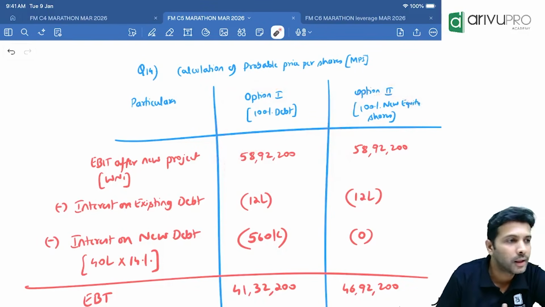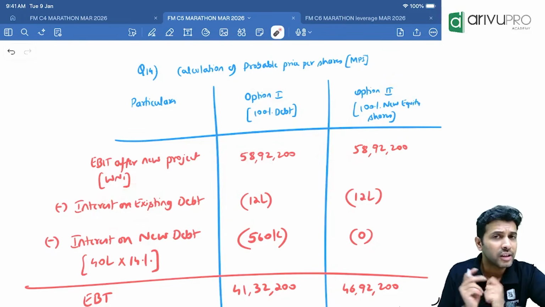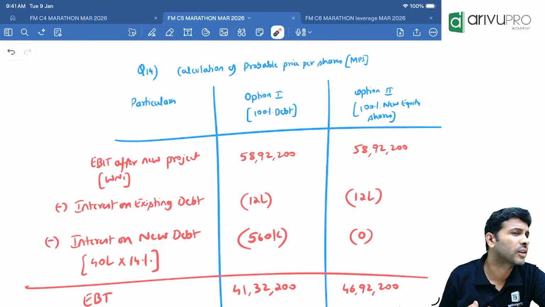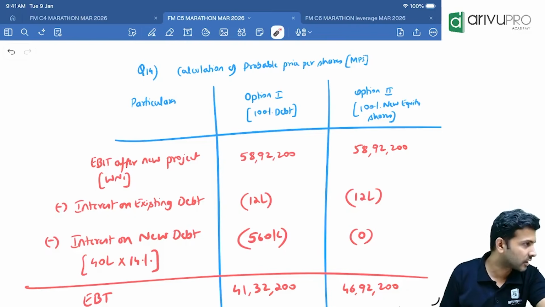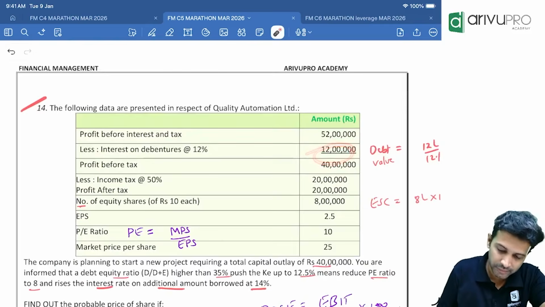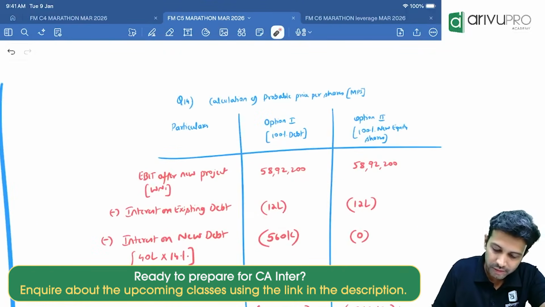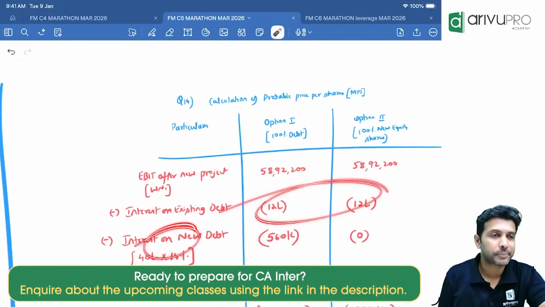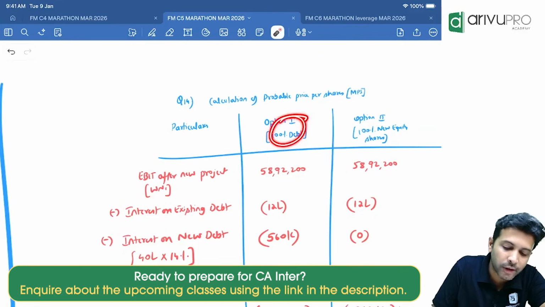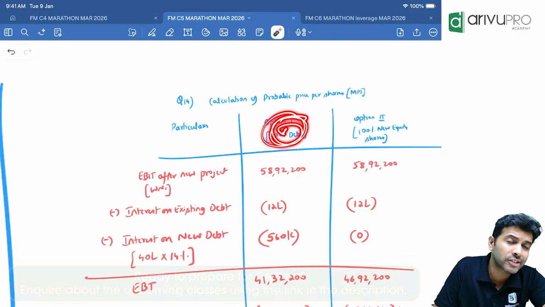Done, sir? From EBIT, how do you get EAESH? First, reduce interest. Here we have interest on the existing debt that they have given. How much is the interest on existing debt? 12 lakh. Will this change or remain? It will remain, so in both plans this will be there. Now, what about new debt? In the first case, 40 lakh is coming through debt. Did the debt equity ratio cross 35%?